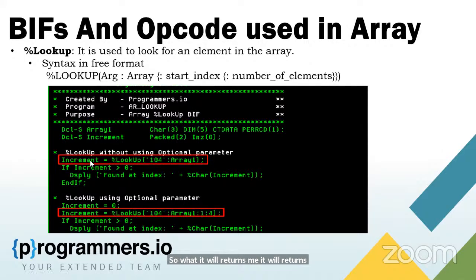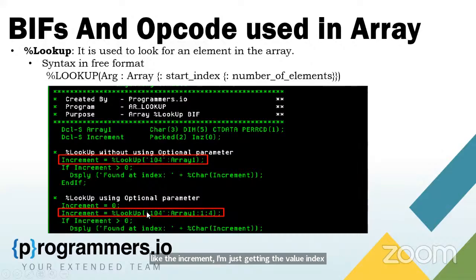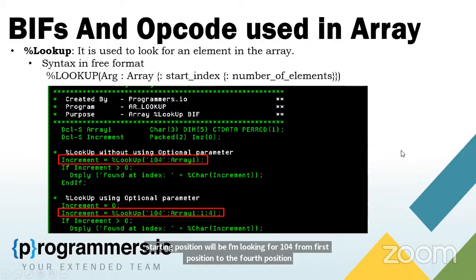If found, we display the index value. In the second one I have used the optional parameter, the start index. %LOOKUP 104 in array 1, starting from the first position to the fourth position. This is the simple use of %LOOKUP.